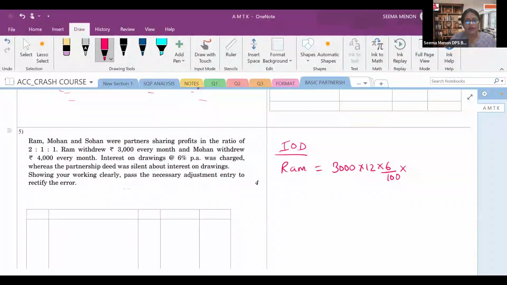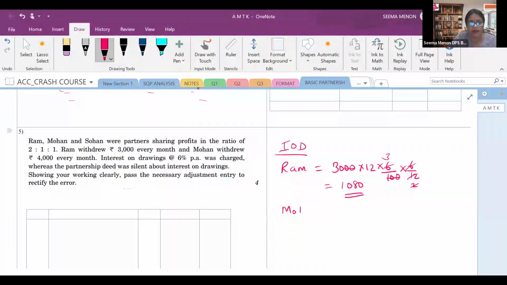Already I taught you that whenever the date is not mentioned, you have to take it on an average. So you will calculate on an average. So solve it. You will get 3, then again cut two zeros. So 12 nines are 108, right? That is 1,080 rupees for Ram.